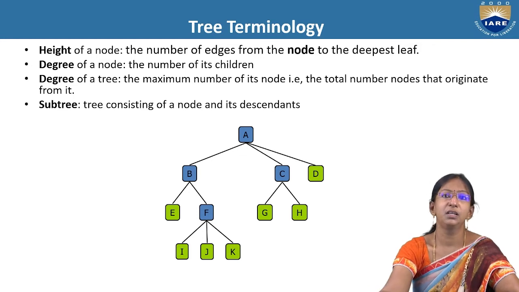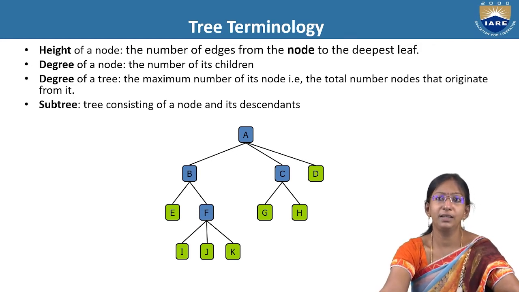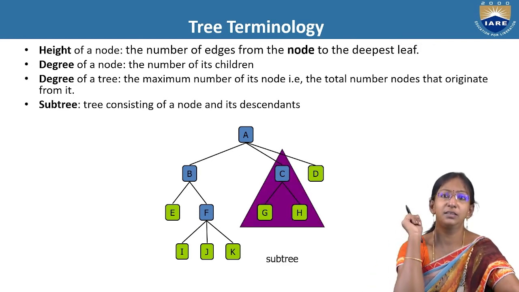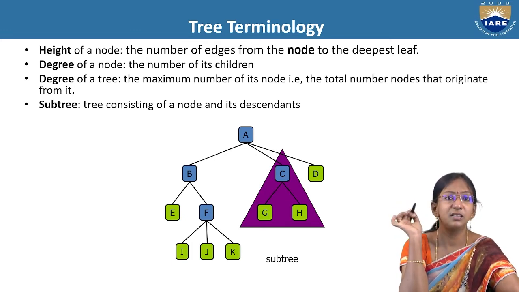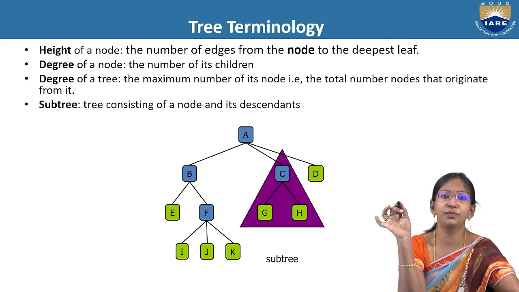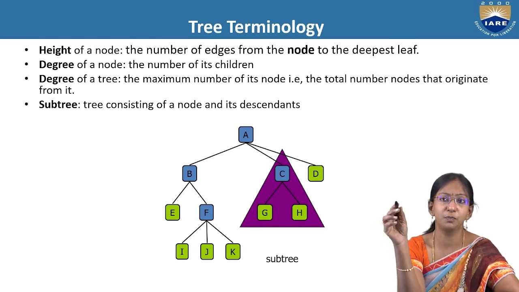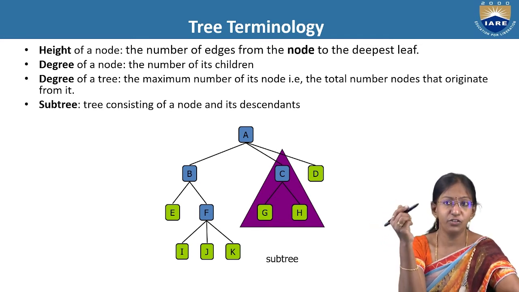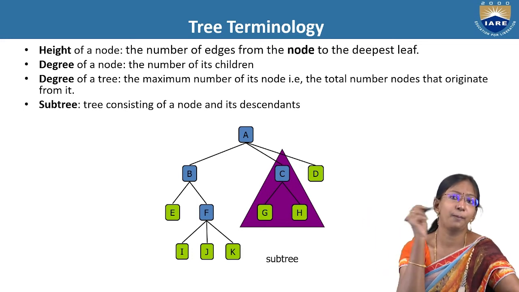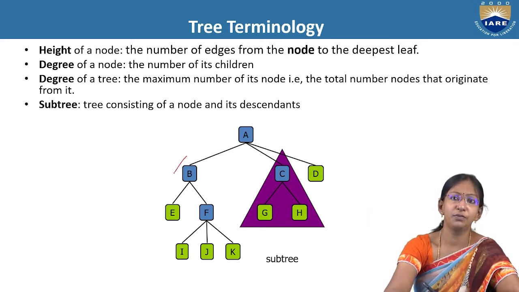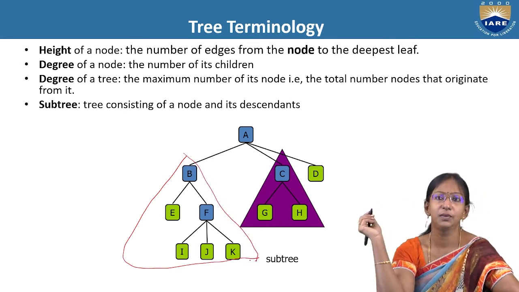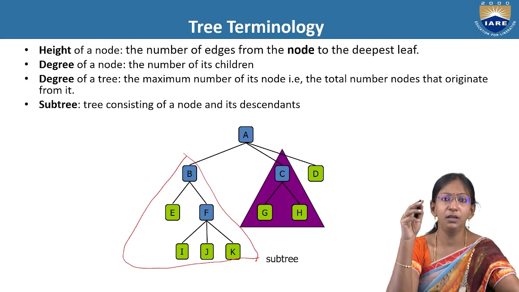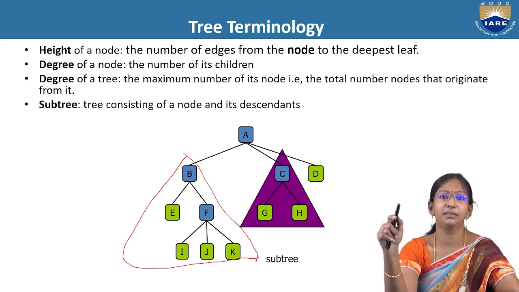Subtree. A tree consisting of a node and its descendants is nothing but a subtree. Have a look at this one. C is acting as the root of this subtree, which I have specified, right? And its children are G and H. We can also specify a subtree like this, where the root is B and the remaining are its descendants.